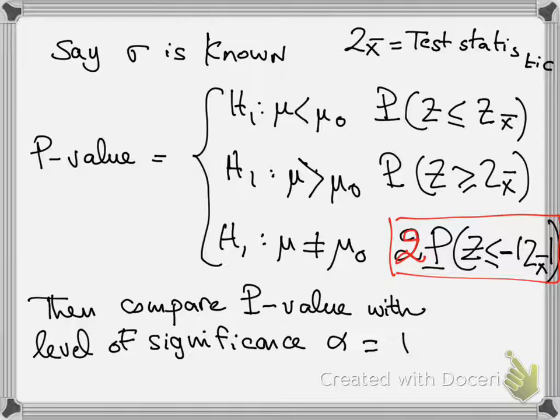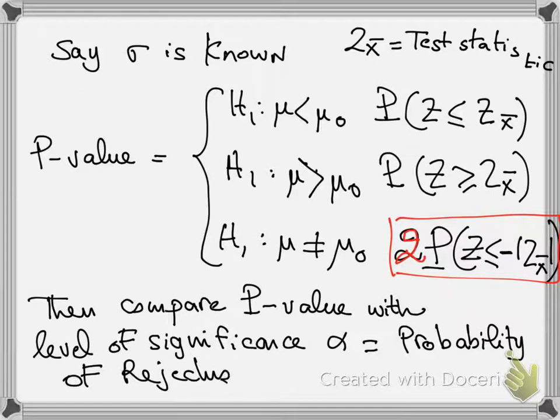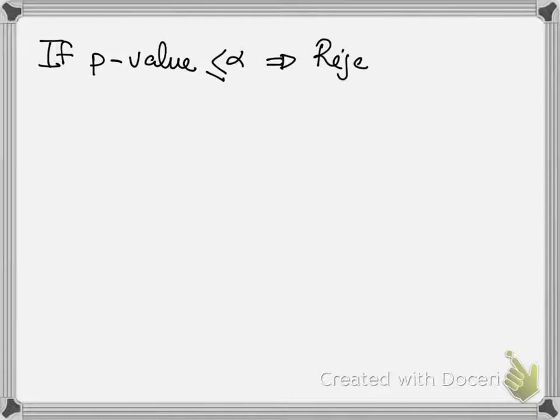So that's the probability of rejecting the null hypothesis H0 when it's in fact true. If the p-value is less than alpha, then you reject H0.